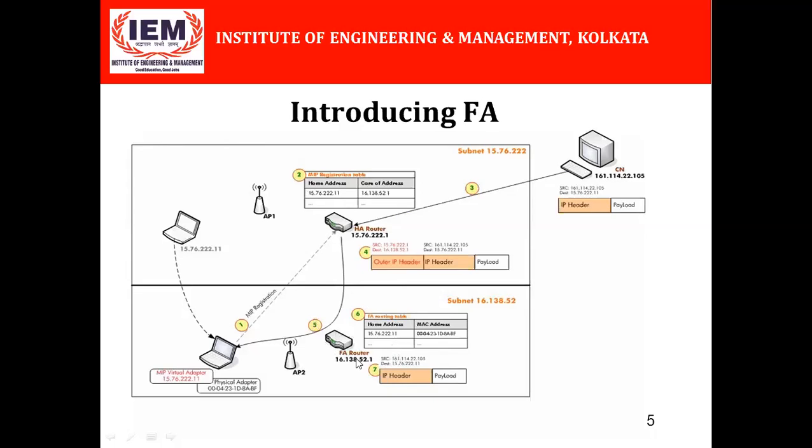So we need to communicate via the foreign agent. In the previous figure, we added the mobile node address directly as the destination. But right now, the mobile node address is not our destination address. The destination address of this outer IP header is the foreign agent address.